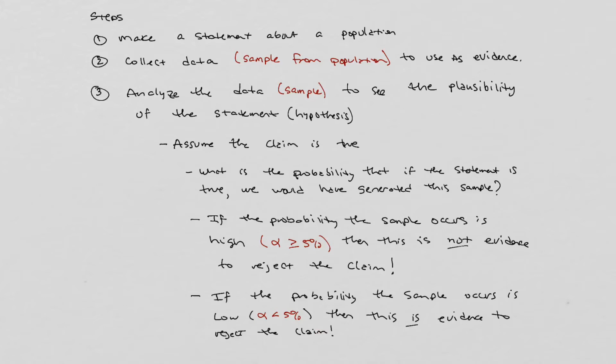So again, what we're saying is, if your statement's true, then I should not have been able to pull out this sample. So since I pulled out this sample, there's a problem with your statement, right? So that's where we're going to go with this.